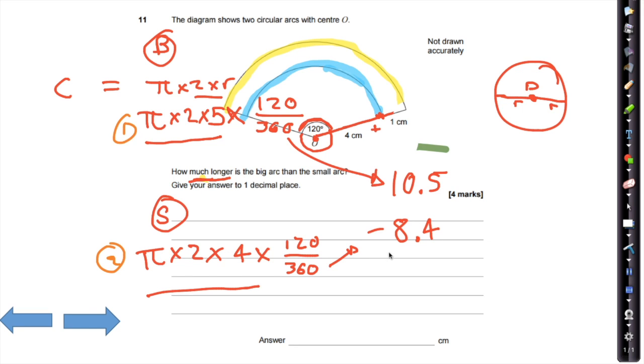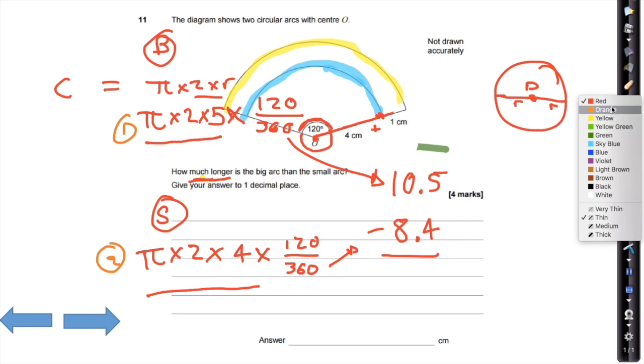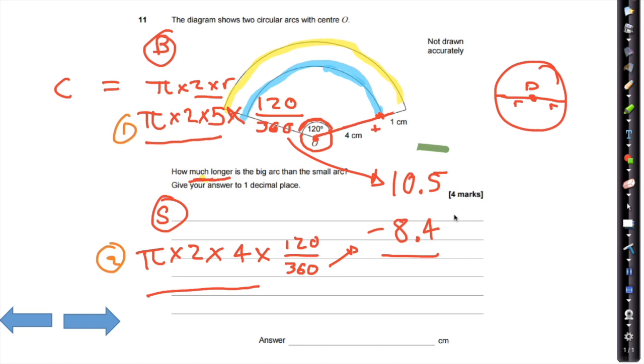So 10.5 minus our smaller arc, which was 8.4. That's your third mark for any attempt to subtract. So showing an understanding that you're finding how much longer it is by subtracting is the third mark. And the fourth mark is for writing the answer: 10.5 minus 8.4, 2.1 centimeters. So that's your fourth mark.